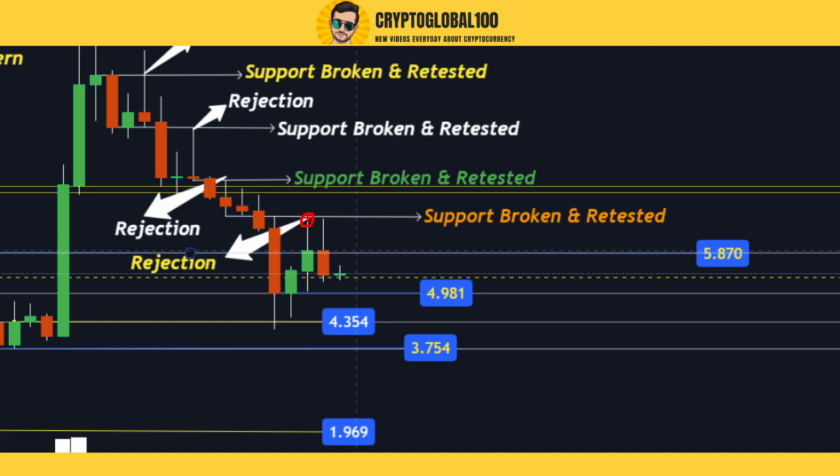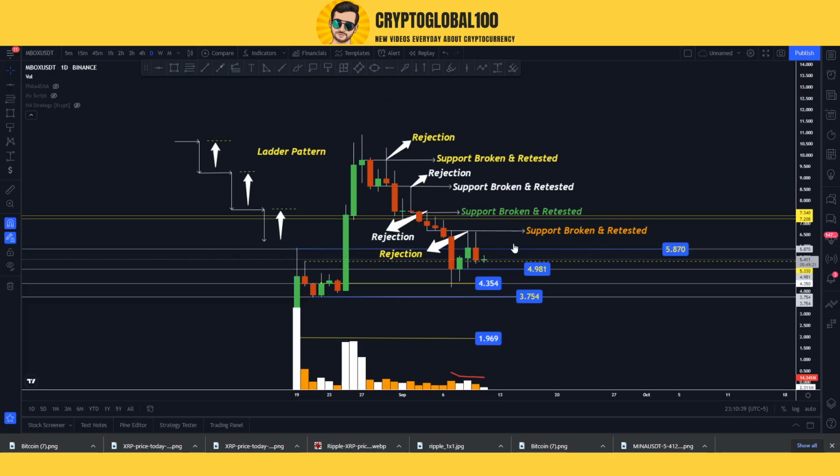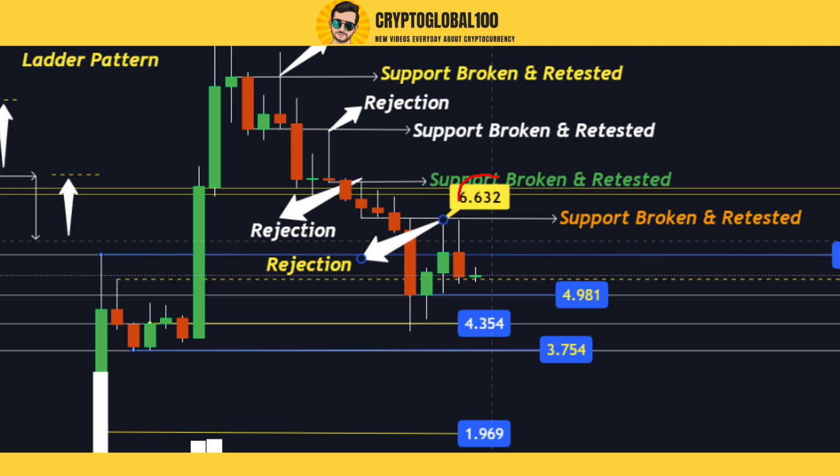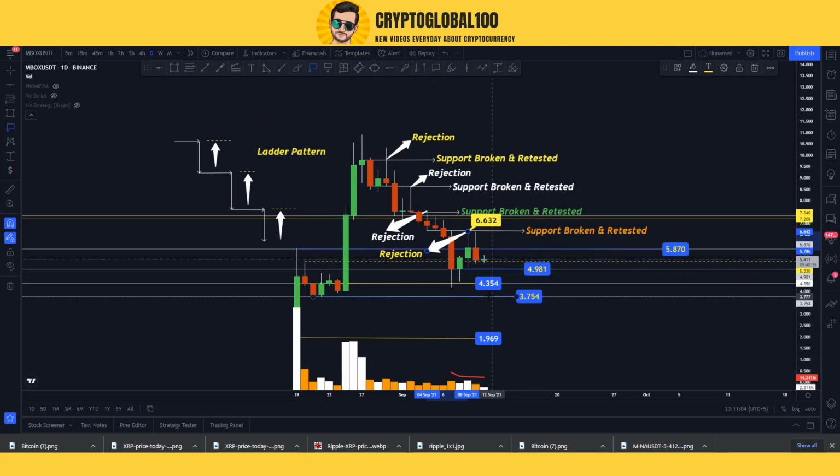We need to break above this level for the bullish trend to continue or to begin. The value of the swing high here is 6.632. It needs to break this level because it has twice been rejected from the top side. That is why it is now forming a consolidation or narrow zone with low volume.